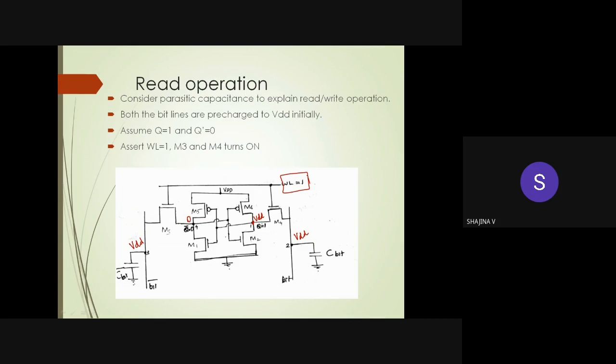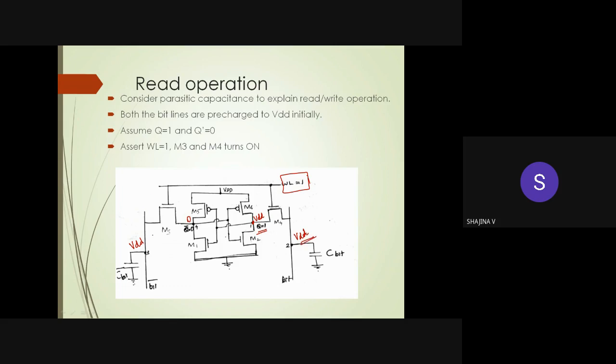While checking the potential at points 1 and 2, you can see these potentials are equal. If the stored data is logic 1, the potential at points 1 and 2 will be equal, so there will not be any current flow through M4, and the bit line voltage will be held at VDD itself.